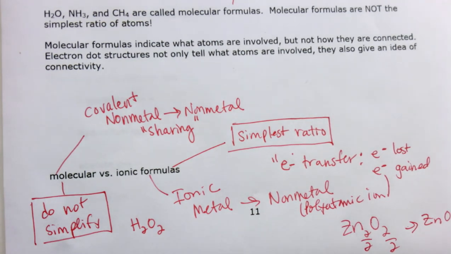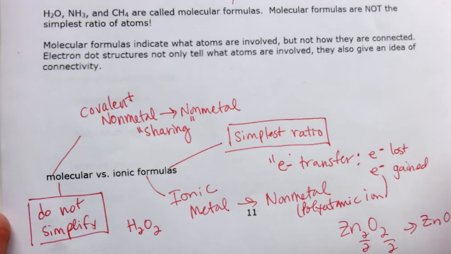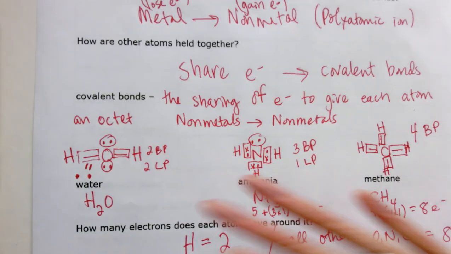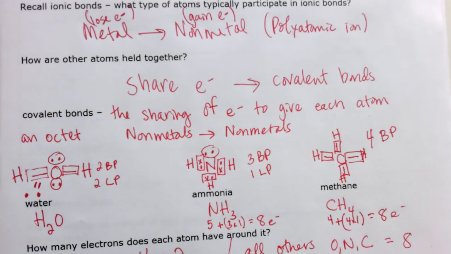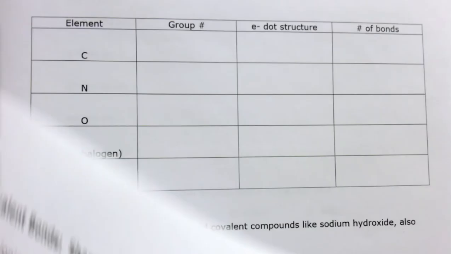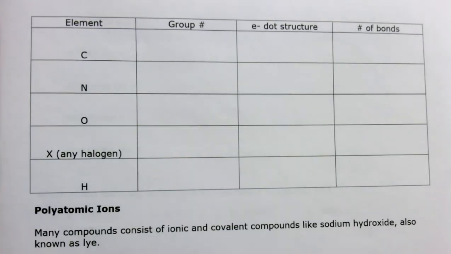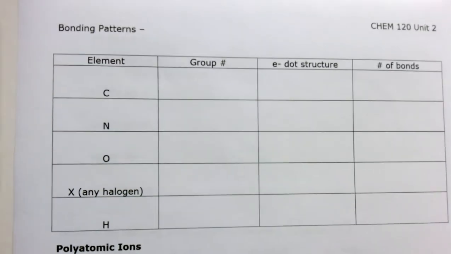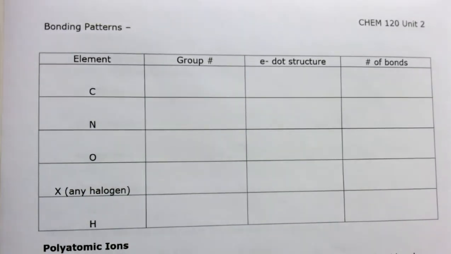Okay. So I mentioned this briefly when I was going over the Lewis structures of water, ammonia, and methane. Bonding patterns. Elements in certain group numbers bond the same way each time.